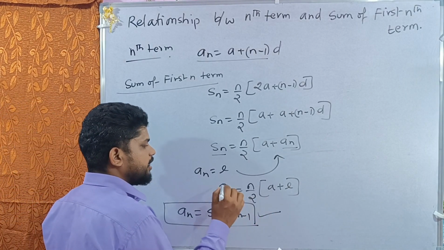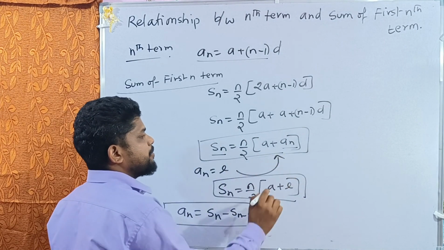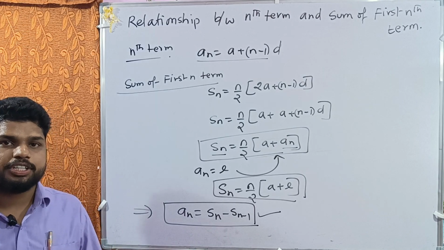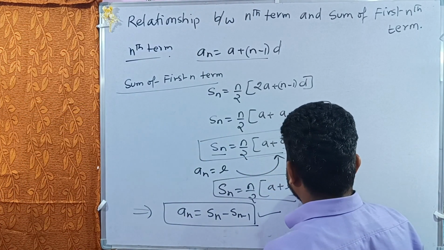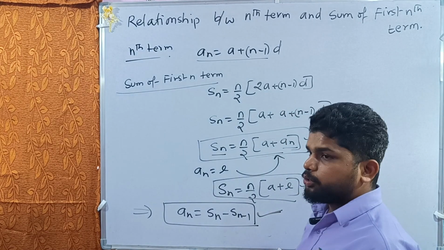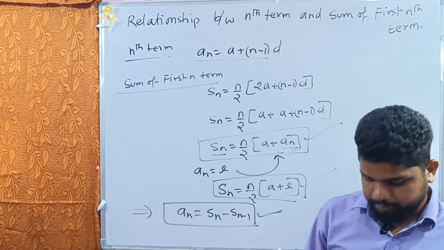Based on this formula and the earlier one, the examiner asks you multiple questions. So we should know these three formulas. Now let us solve one question based on these three formulas.